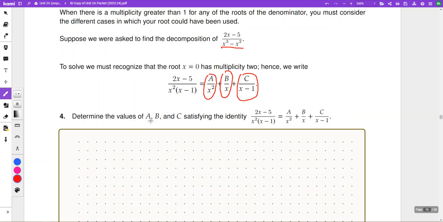So if we want to determine the values a, b, and c satisfying this identity, we can multiply both sides of our equation by our common denominator. And that common denominator is x squared times x minus 1. So we would be able to say that 2x minus 5 must be equal to a times x minus 1 plus b times x times x minus 1, and then plus c times x squared, right?